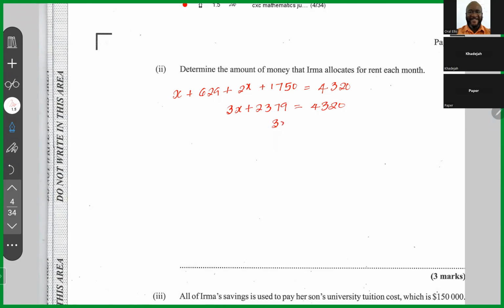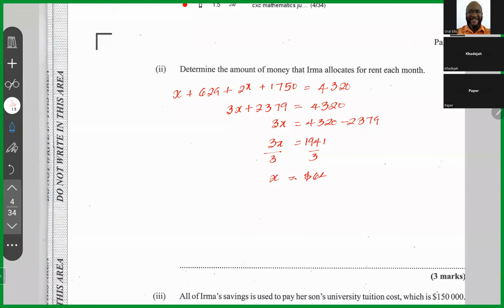So 3X is equal to, when you subtract, 1,941. Then I'm going to simply divide both sides by 3. And when we do, we get that X is equal to $647.